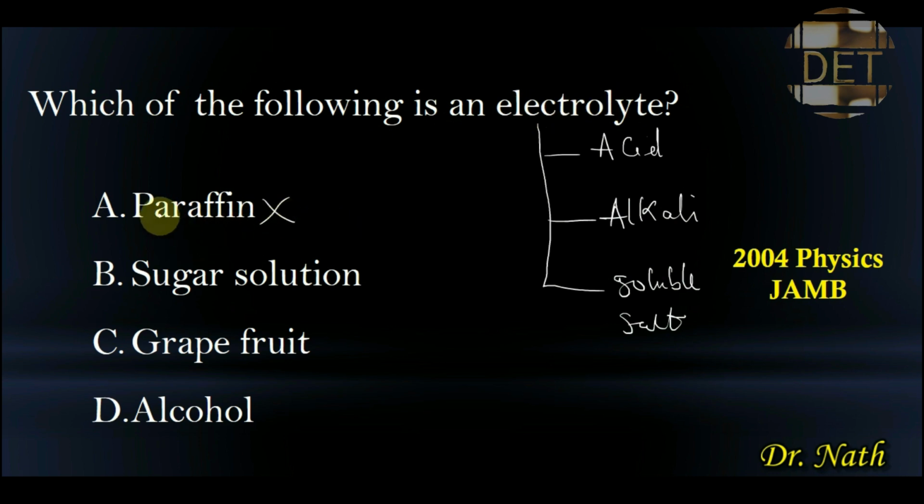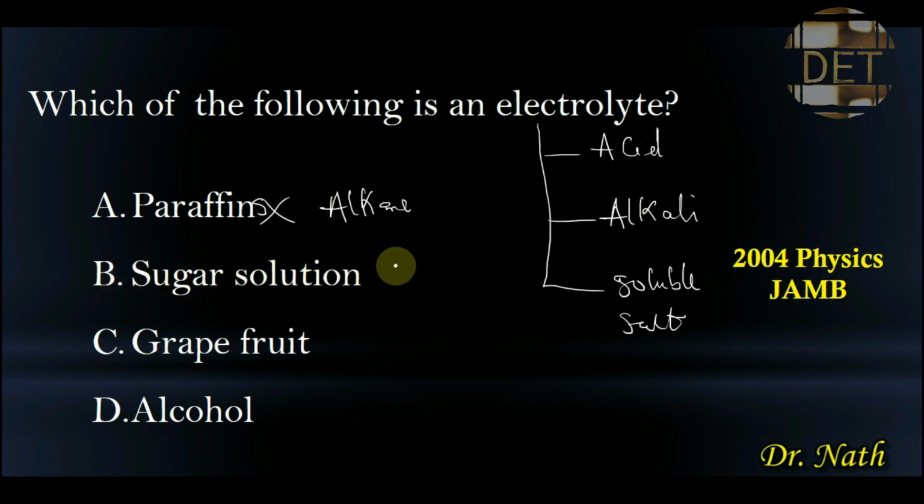It is not paraffin. Paraffins are also called the alkanes. They are a group of hydrocarbons which are saturated with hydrogen. So they are not categorized into any of these. They are not acids, they are not alkali, and they are not soluble salts. So paraffins cannot be an electrolyte.